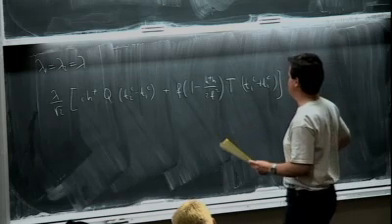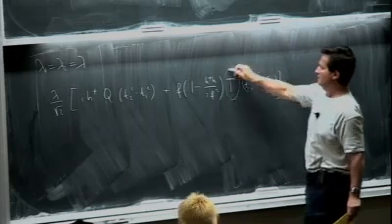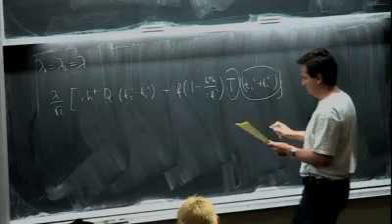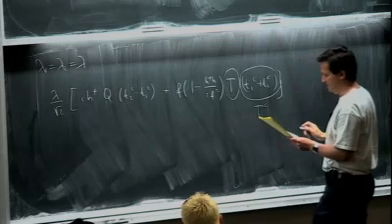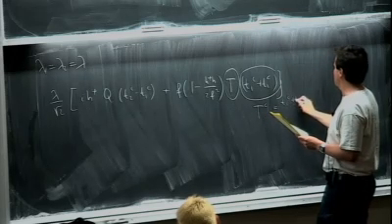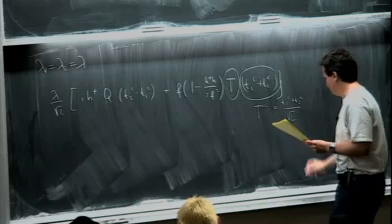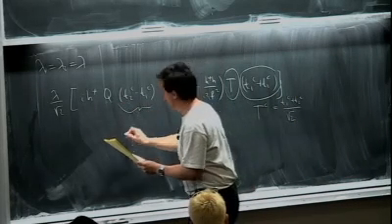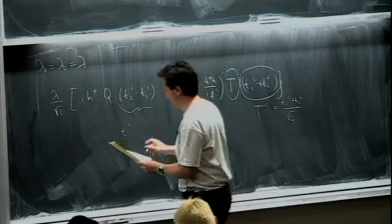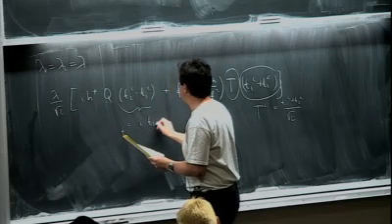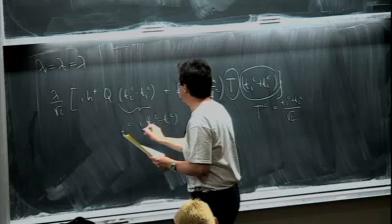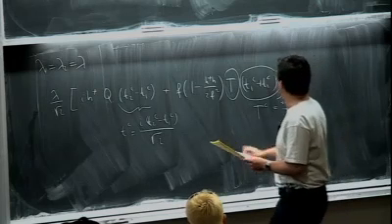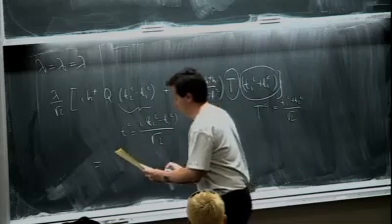So what you find is that the heavy left-handed guy marries up one combination of the two right-handed guys, so I can call this the capital TC, which is T1 conjugate plus T2 conjugate over root 2, and the light one, the one that is showing up here, this is the true right-handed top, i times T2 conjugate minus T1 conjugate over root 2.